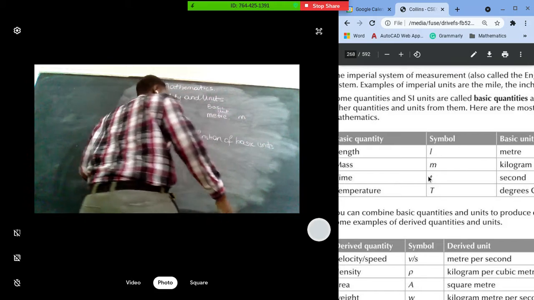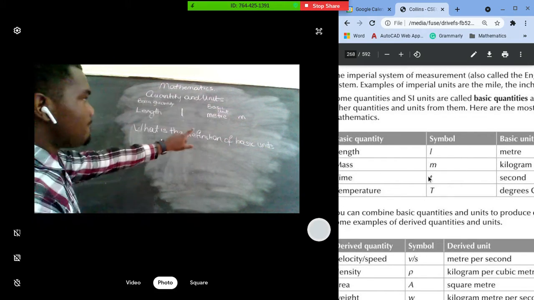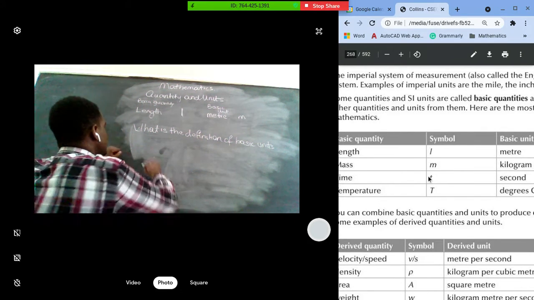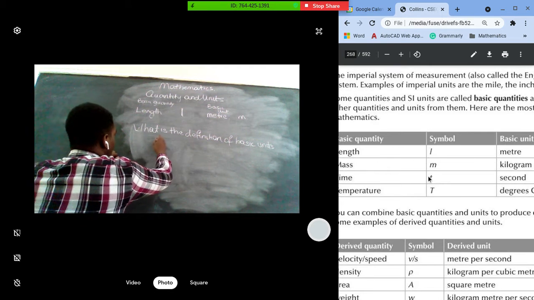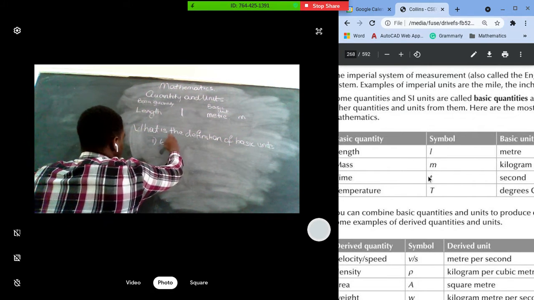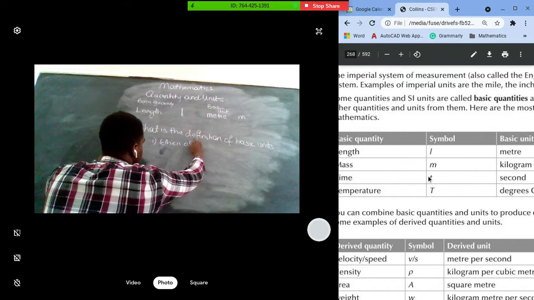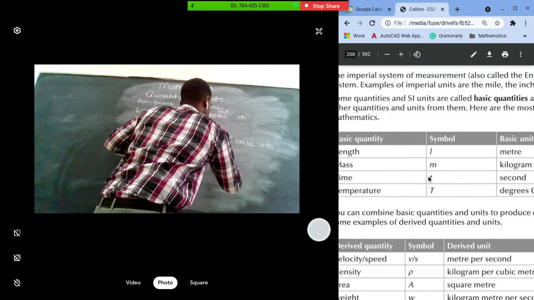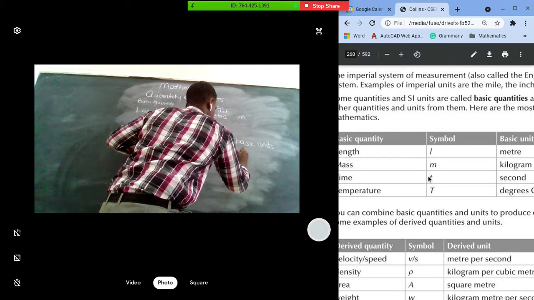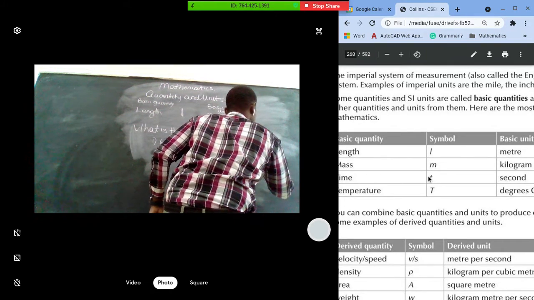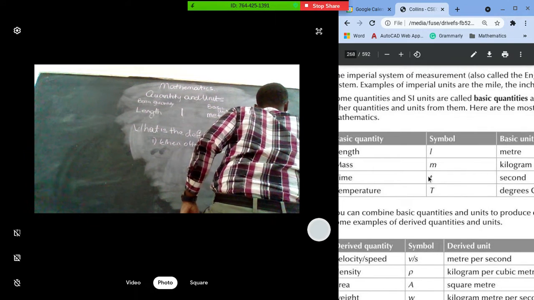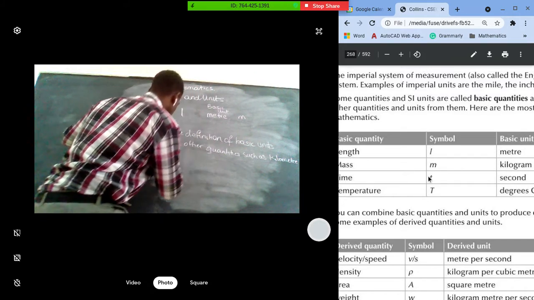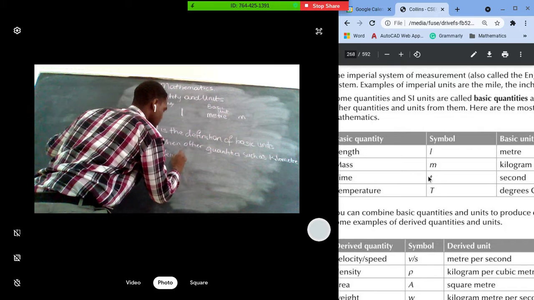Okay. Now, we said before meter was basic because other quantities can be derived from it. So we're going to say when other quantities such as kilometer derive from meter. The word derives means comes from.